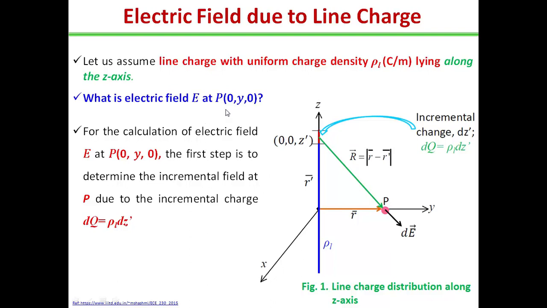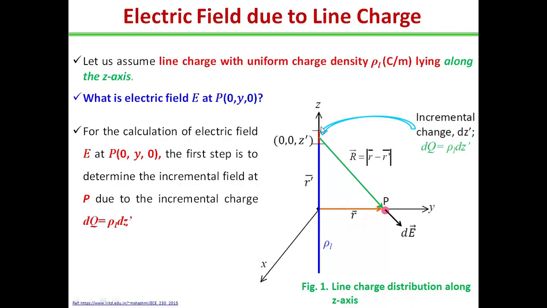For the calculation of electric field at point P, first we will determine the incremental electric field at point P due to the incremental charge dq, and the incremental charge dq is written as rho L dz'. Basically, z' is the distance of the incremental charge dq along the z-axis, and the distance from the origin of the incremental charge dq is r', whereas point P has the distance from the origin r.